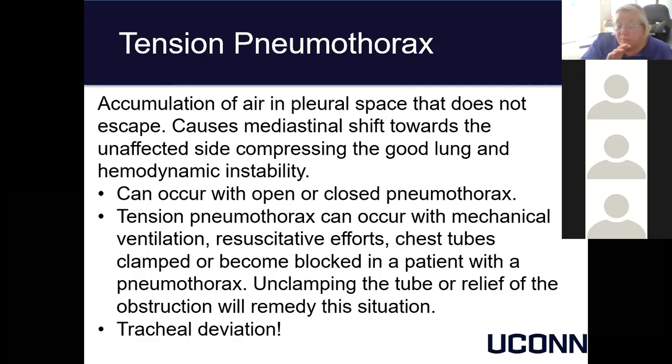It can happen whether it's an open or a closed pneumothorax. So that tracheal deviation is the biggest symptom that differentiates an everyday pneumothorax from a tension pneumothorax on physical assessment. And then once you do your x-rays, your radiology, you can really see how that whole system gets shifted.